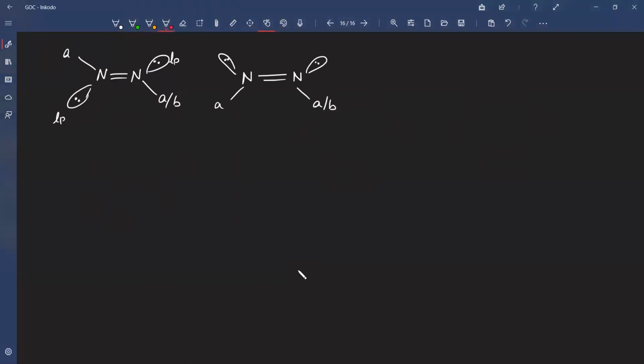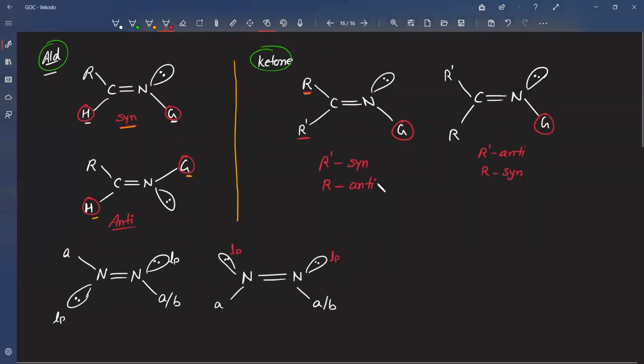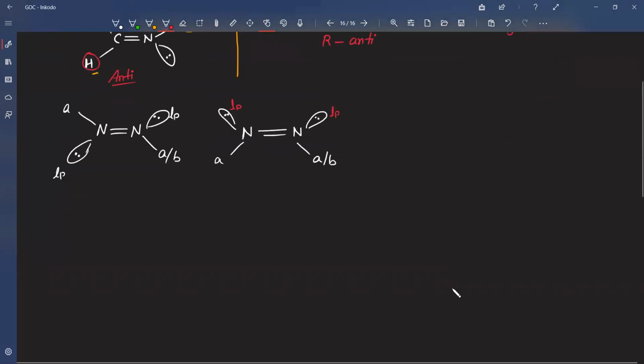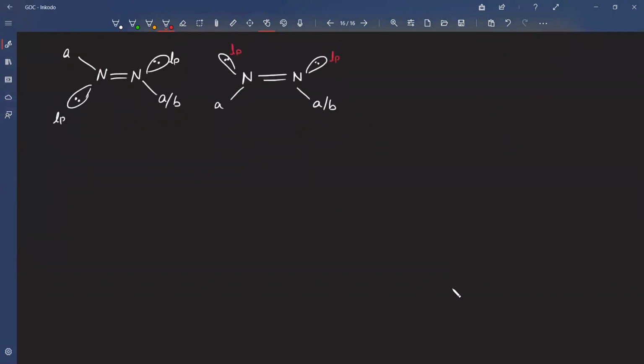Now what I see here is I can make the decision based on the lone pair itself. But it was not possible earlier when there was only one lone pair, only on nitrogen. If you see the above case, on carbon there was no lone pair, so lone pair and lone pair were not matching. But here I can take the decision based only on lone pairs. So if lone pair here and lone pair here are opposite, this will be anti.